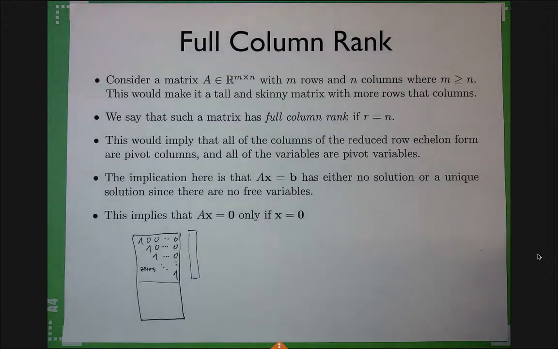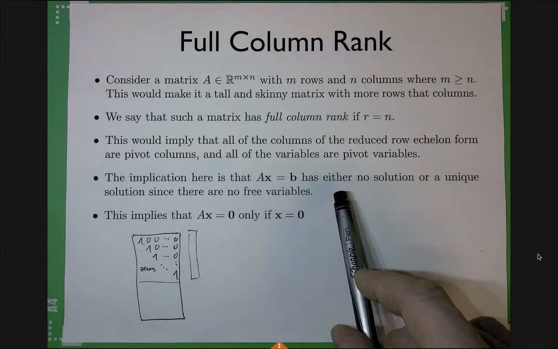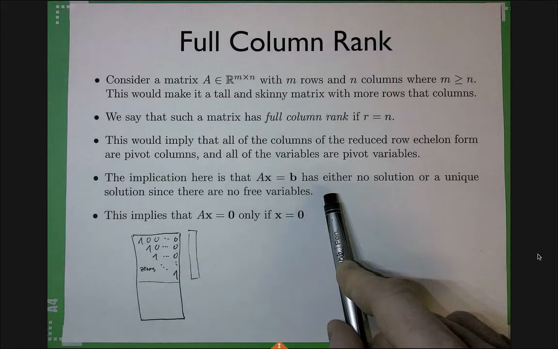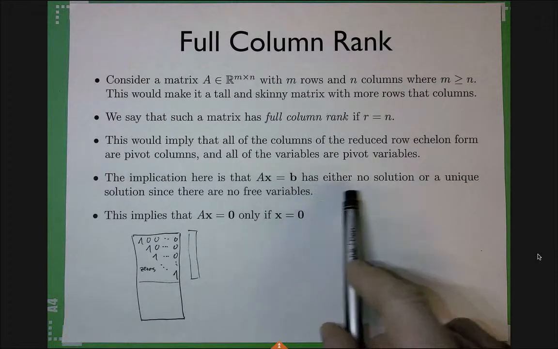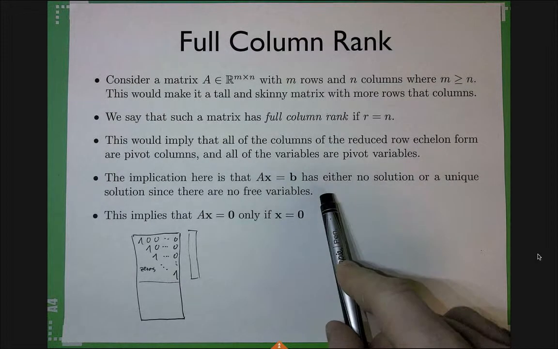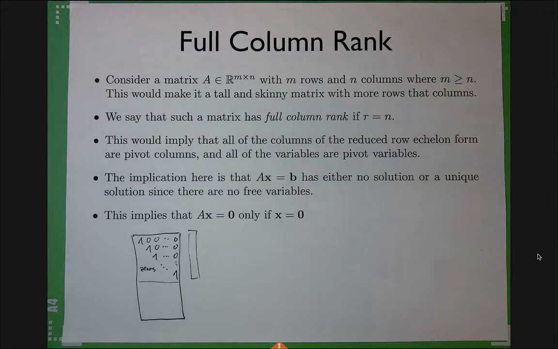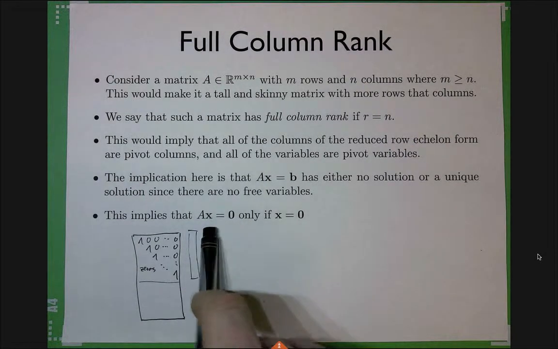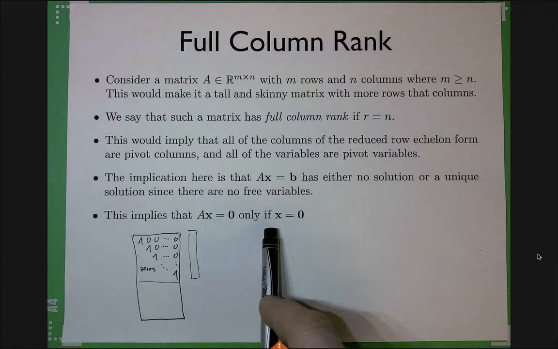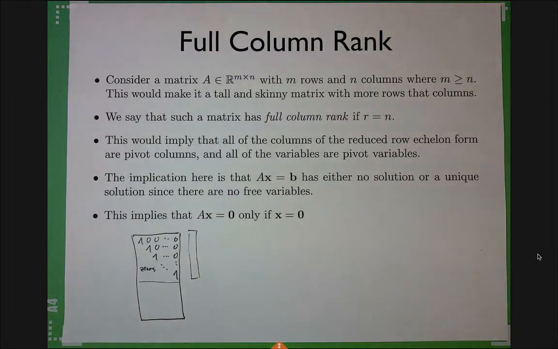There are no free variables whatsoever, right? So what that means is that this system has either no solution or a unique solution, because there is no leeway. There are no free variables, so there will be either one solution or none. There cannot be more, because I don't have any freedom to choose. It also means that if b is 0, in the homogeneous case, that's only solved by the trivial solution, x equals 0, right?